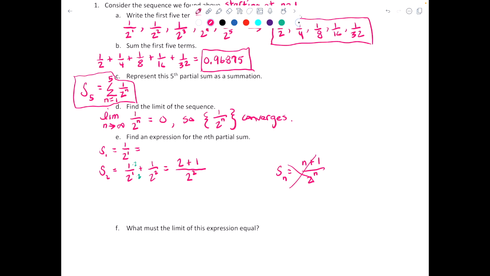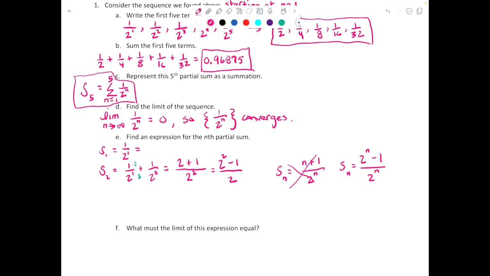So what if, instead of 2 plus 1 is 3, we wrote 2 squared minus 1? Do you agree that that is 3? Cool, cool. It's over 2 squared. So now our next proposed Sn would be 2 to the n minus 1 over 2 to the n.